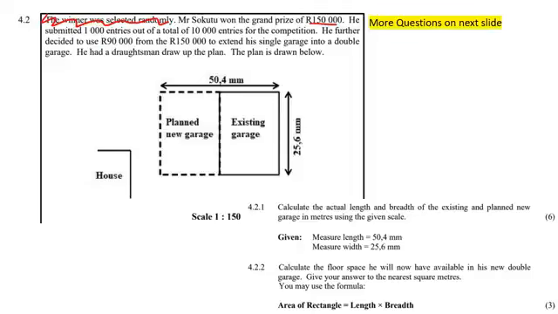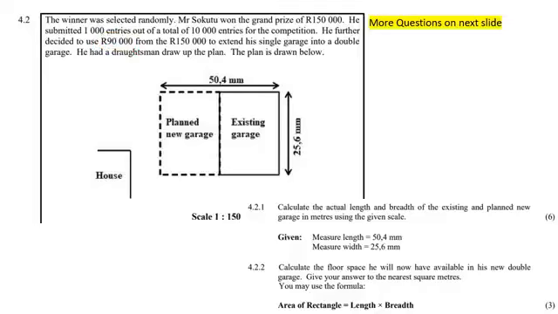He further decided to use 90,000 rand from the 150,000 to extend his single garage, which is currently over here, and he wanted to extend it to a double garage, which is over there. So pretty much this question is about a dude who wins 150,000 rand. Of the 150,000 rand, he's going to use 90,000 to upgrade his garage.